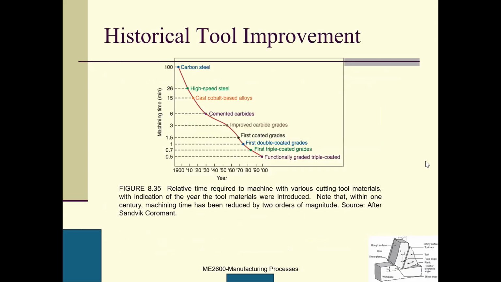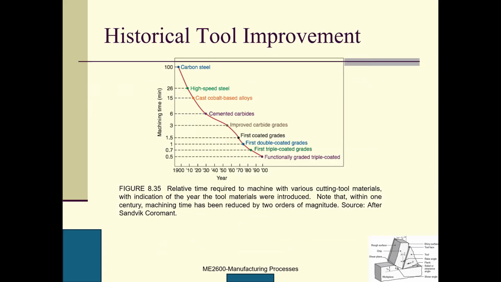The historical tool improvement. Here these are the years, from 1900 to 2000, so this is 100 years. This is machining time, the machining time that your tool can withstand.